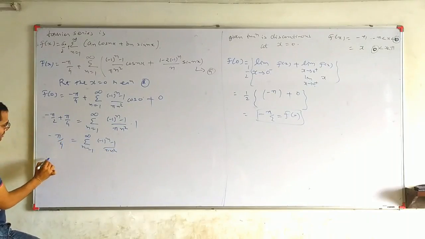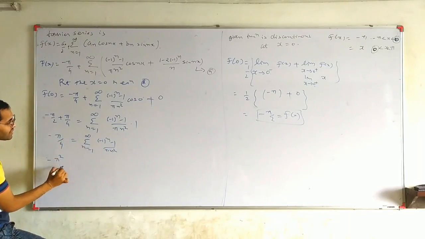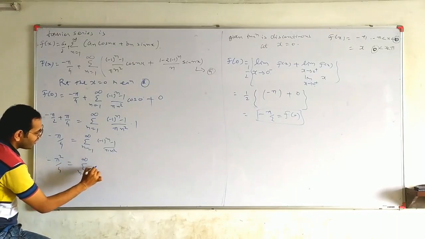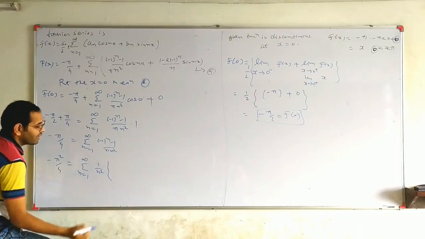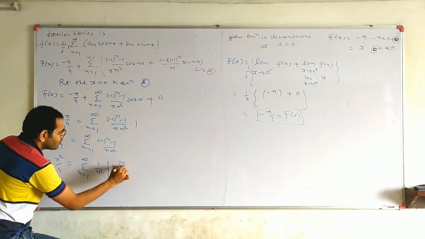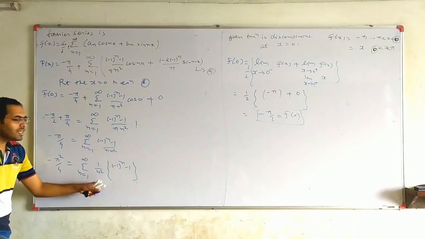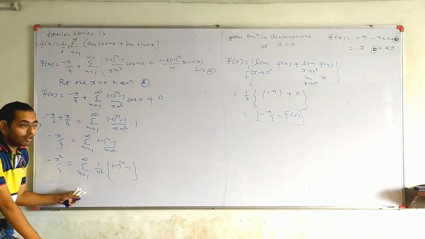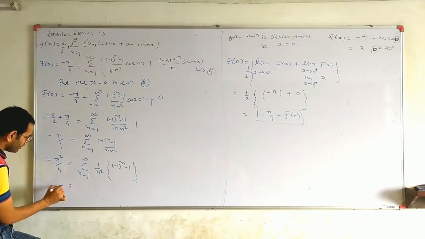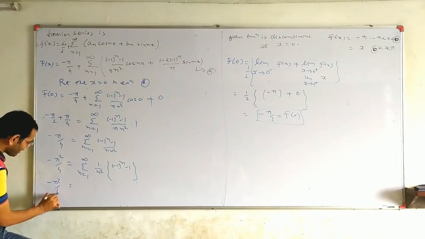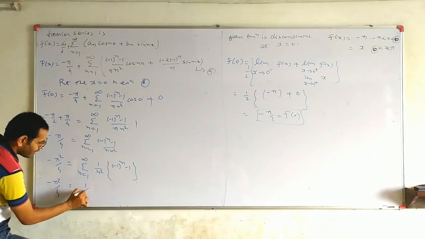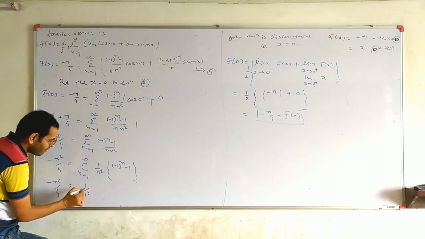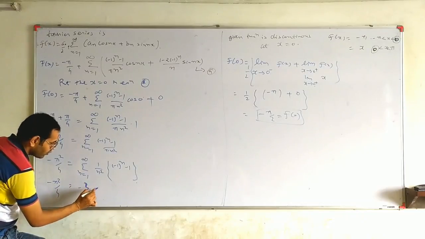Now here we can say that we get minus pi by 4 equal to summation n equal to 1 to infinity minus 1 raised to n minus 1 divided by pi n square. This pi comes this side, then we get minus pi square by 4 equal to summation n equal to 1 to infinity 1 upon n square into minus 1 raised to n minus 1. In this equation, substitute the values n equal to 1, n equal to 2, n equal to 3, and so on. For n equal to 1, we get 1 upon 1 square into minus 2.